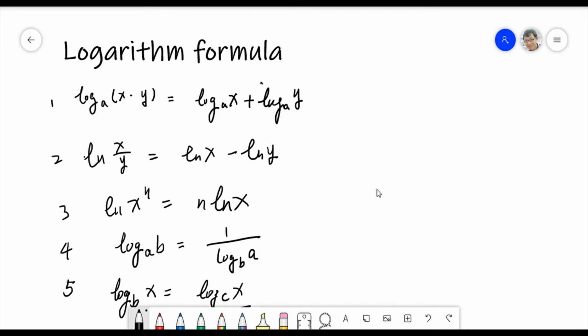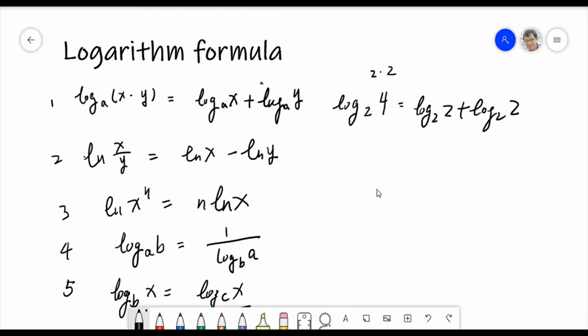So we can think about that. Give an example: log base 2 of 4. The simplest way, we can write 4 as 2 times 2. So we can write it as log base 2 of 2 plus log base 2 of 2.